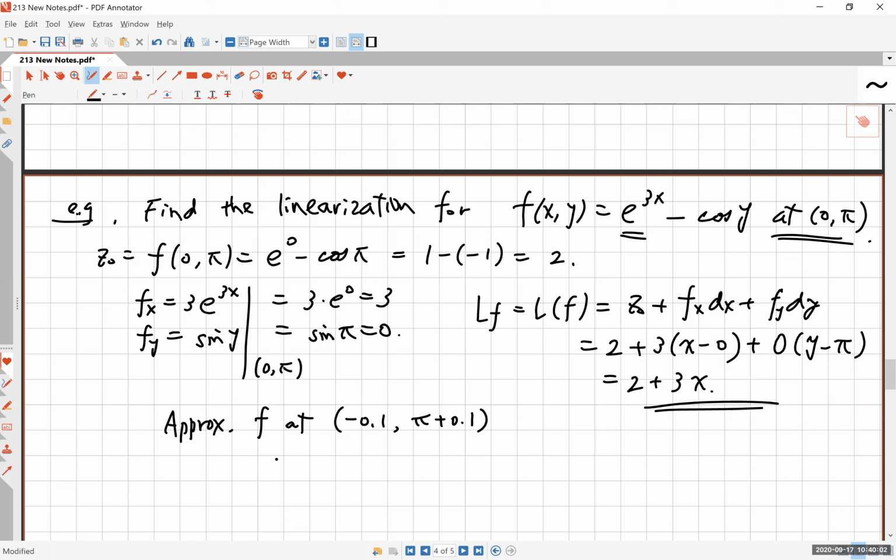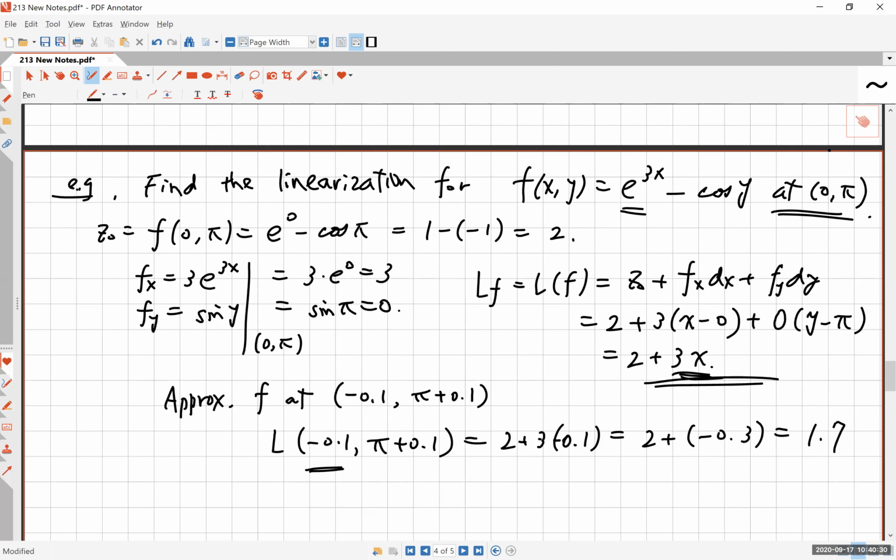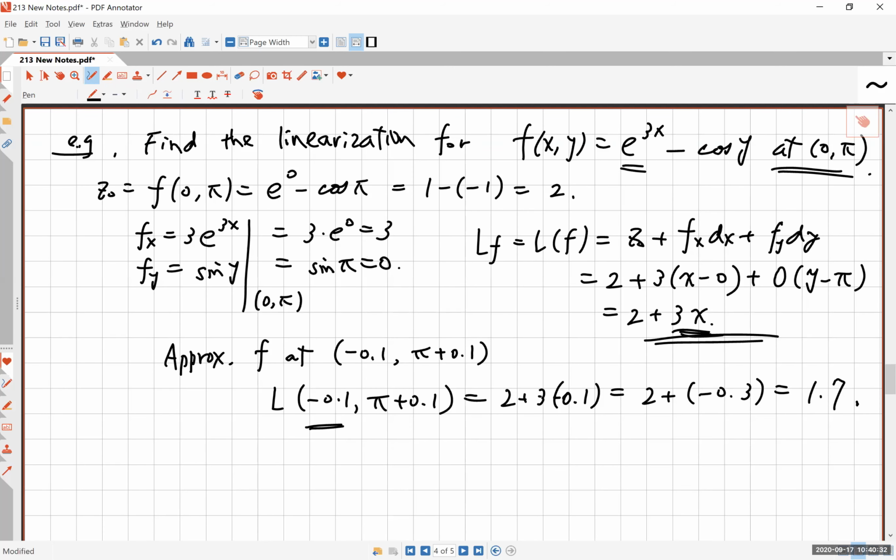All you have to do is just plug this into the linearization formula. Notice here, y doesn't actually matter. So this is 2 plus 3x, which is that. And so 2 plus, remember 3x is -0.3. And so it's 1.7, and that is it.